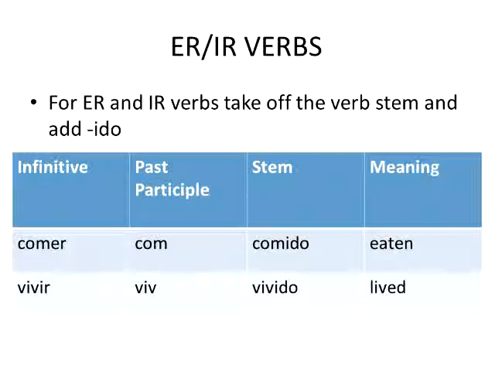So we have comer, which is to eat, and vivir, which is to live. Same thing, we're taking off the ER or the IR, and then for both of these, we're adding the IDO at the end. And then this turns into eaten and lived.